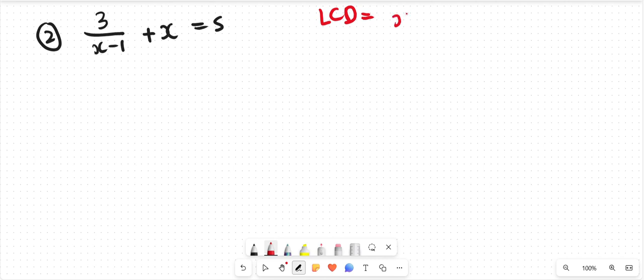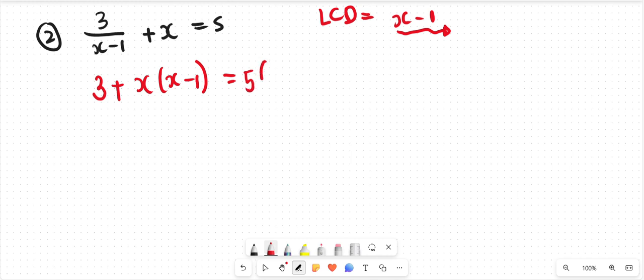If you only have that one denominator, then that denominator will be your LCD. Then step number 2, remember, says multiply everything with your LCD. If I multiply the first fraction with my LCD, I'll just get the numerator. If I multiply the x with the LCD, I will get this expression. And lastly, if I multiply the 5 with the LCD, I will get this expression.